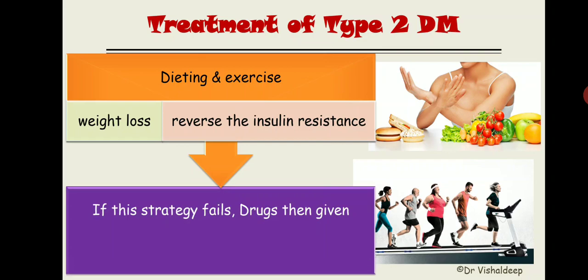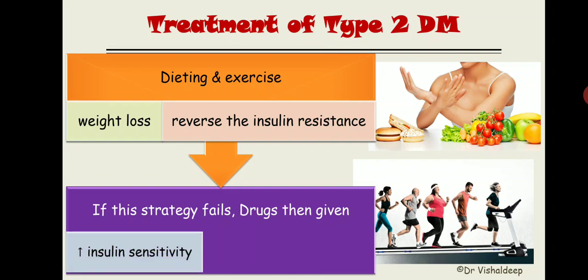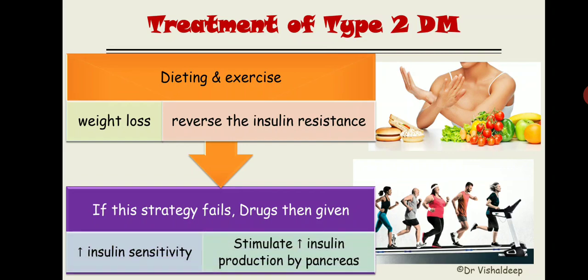Now what kind of drug do we have to give to the subject? That drug will increase insulin sensitivity and also stimulate more insulin release by the pancreas, right? So in type 2 diabetes, we have to give a drug that increases insulin sensitivity and stimulates the release of more insulin.